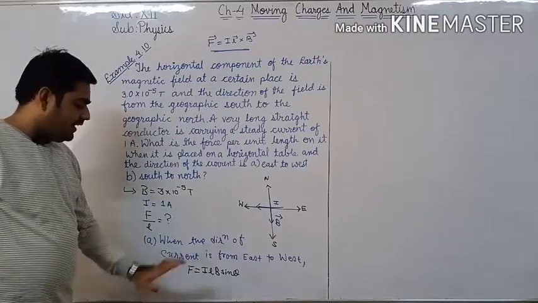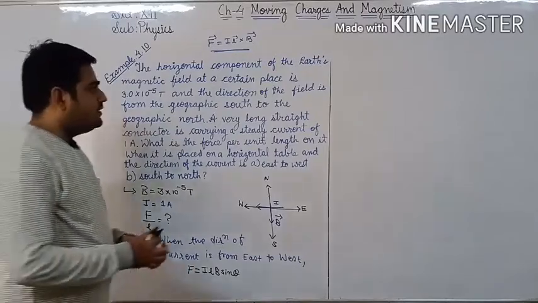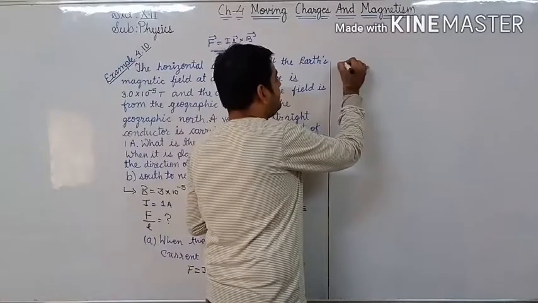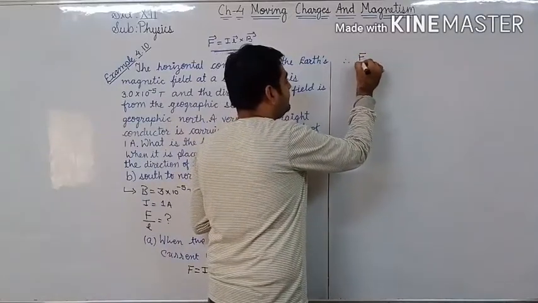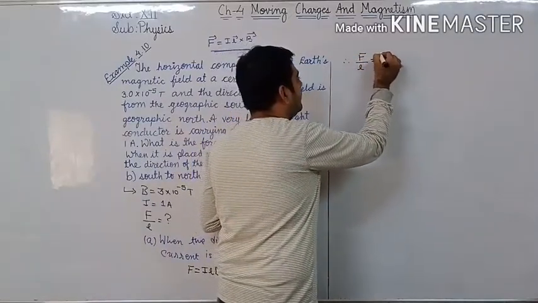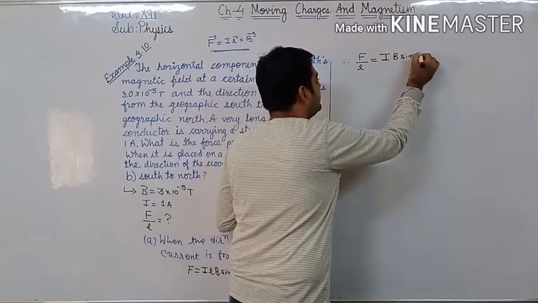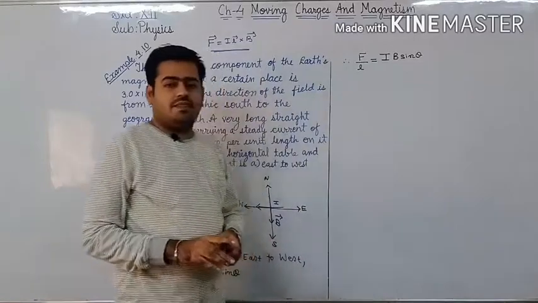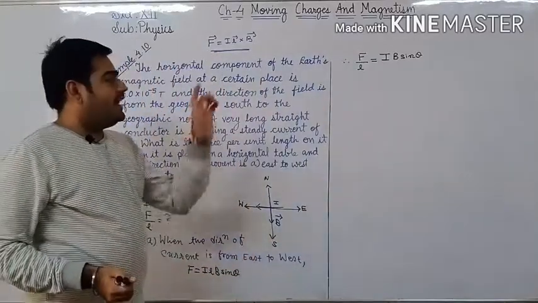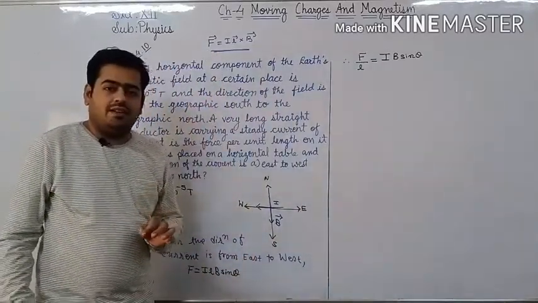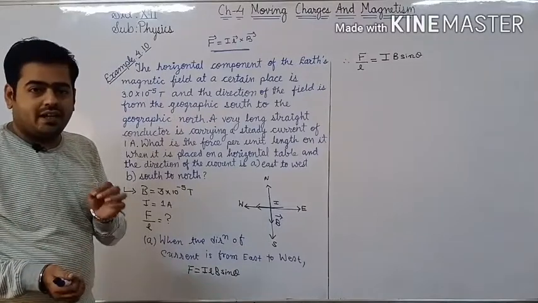We want to find F by L. So here we can write F by L is equal to IB sin theta. But what is theta? Theta is nothing but angle between length element and magnetic field.